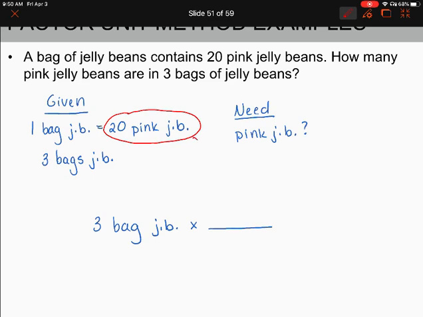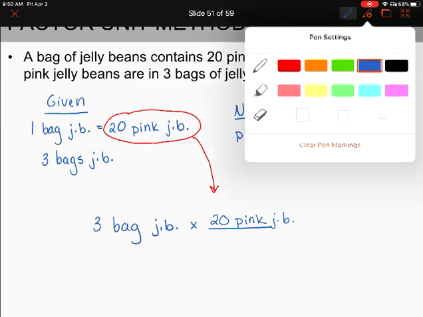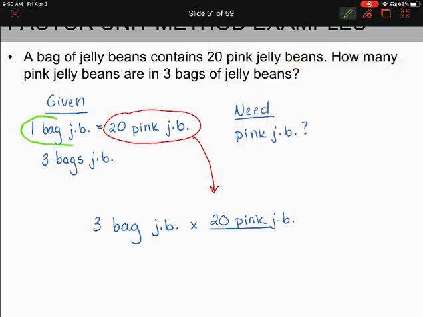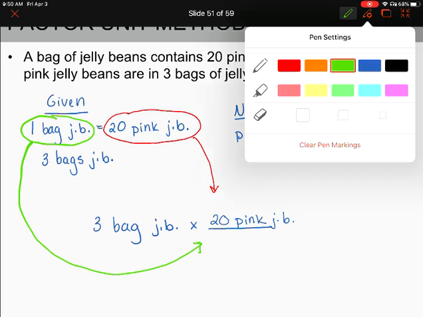So we're going to put that in the numerator. And then the other part of the equality, so 1 bag of jelly beans, that's going to end up in the denominator so that it will cancel with our original unit.